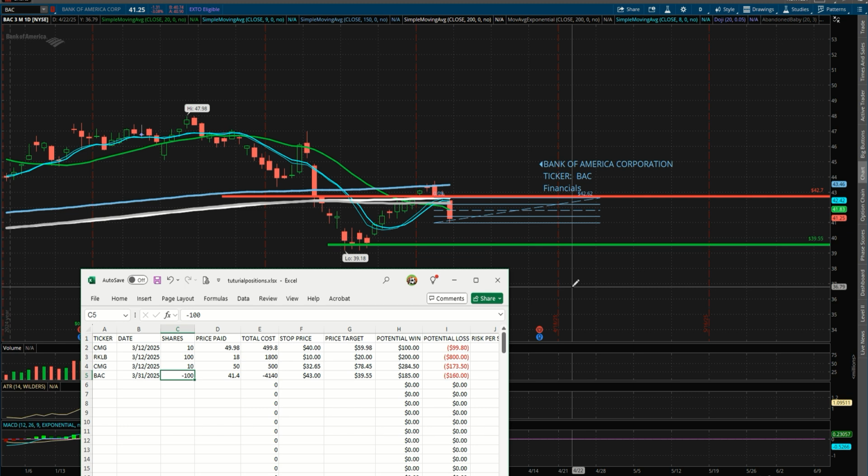But that's your potential risk. So you may have to take some off if you don't want to risk that much. So let's see, if we buy 50 shares, now you're only risking $80, but you're only making a potential win of 92.